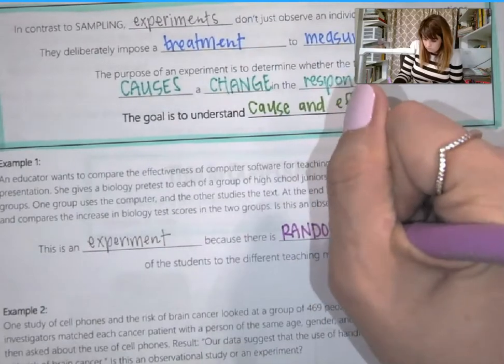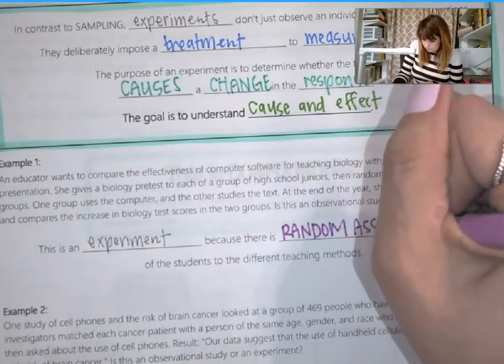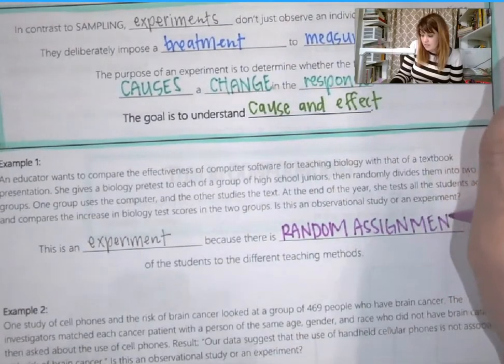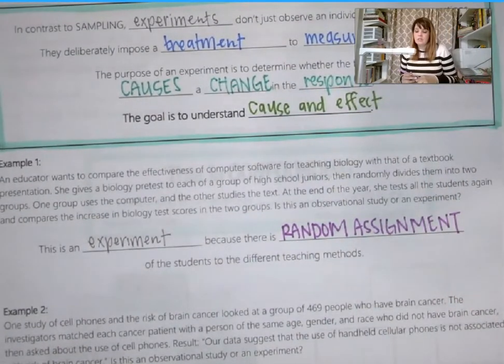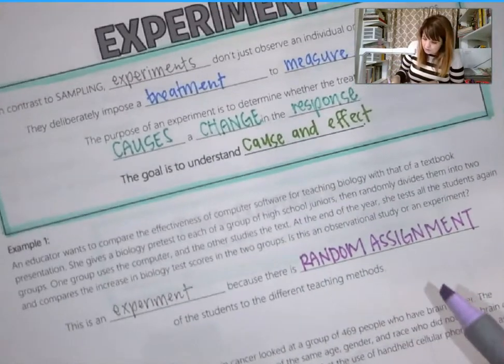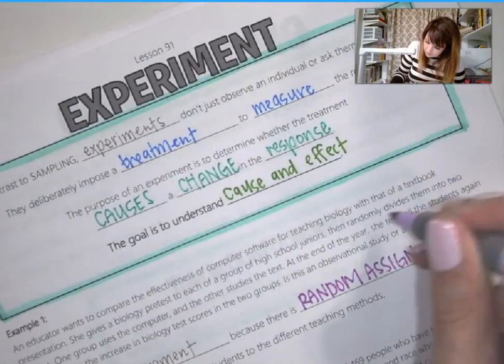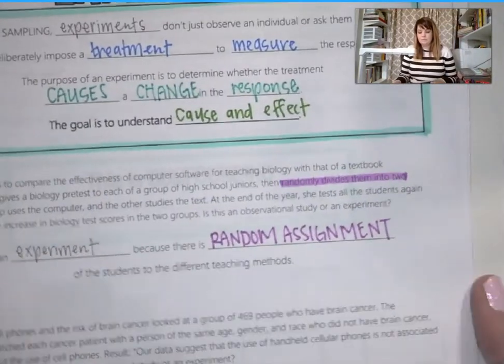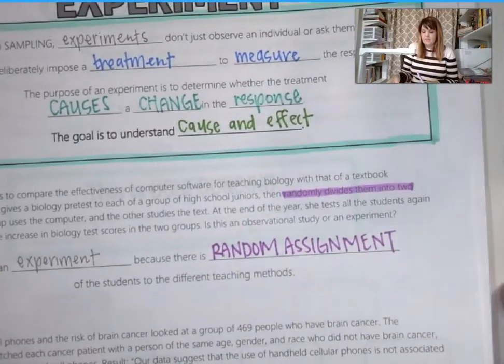This teacher randomly assigned the students, or randomly divided them into two groups. So here, this randomly divides them is the key.